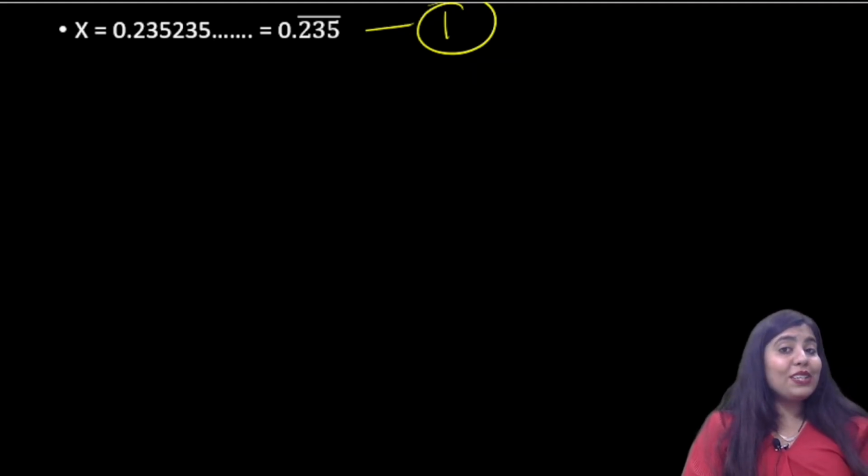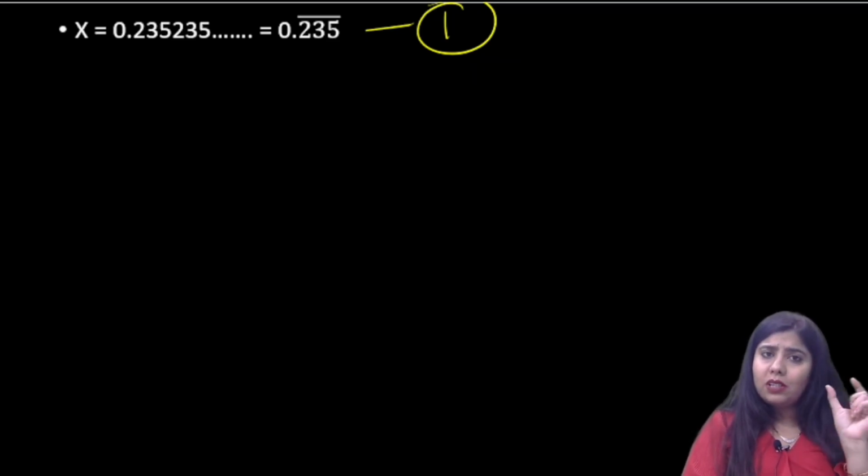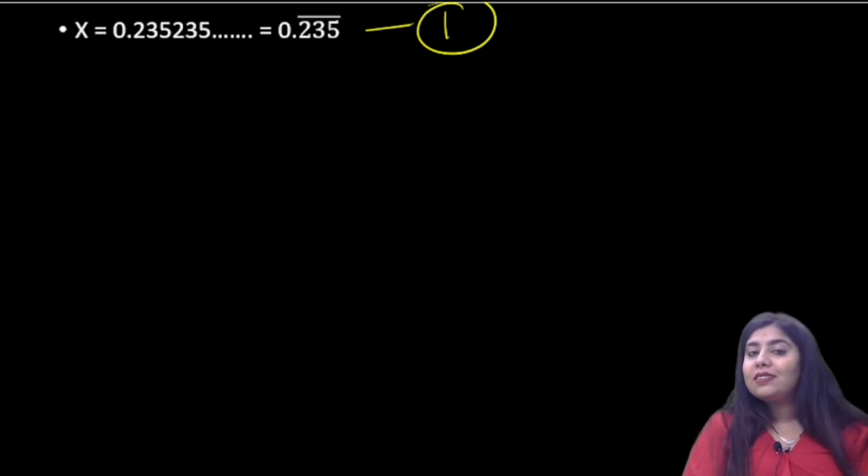Now I had already told you what you have to do in the first step. You just have to multiply it with some number. Now see, here the bar is on 3 digits. So you have to multiply equation number 1 by 1000. Because I told you, just put 1 and put as many zeros as the digits which have the bar on them.